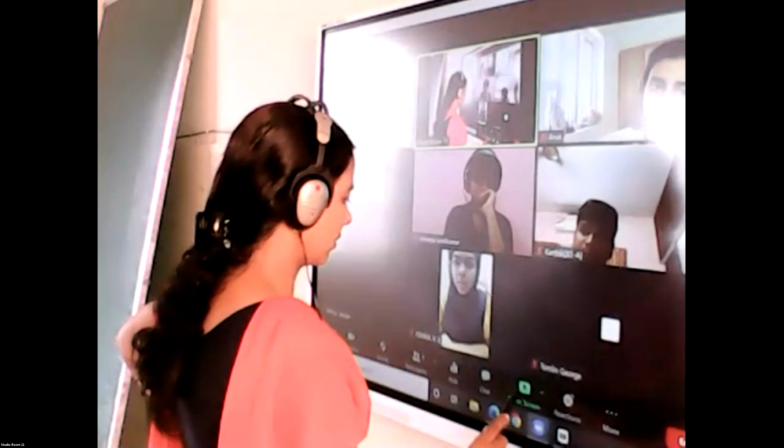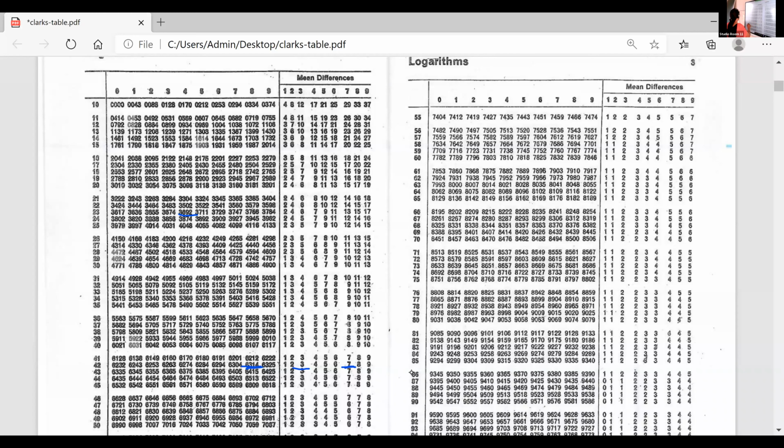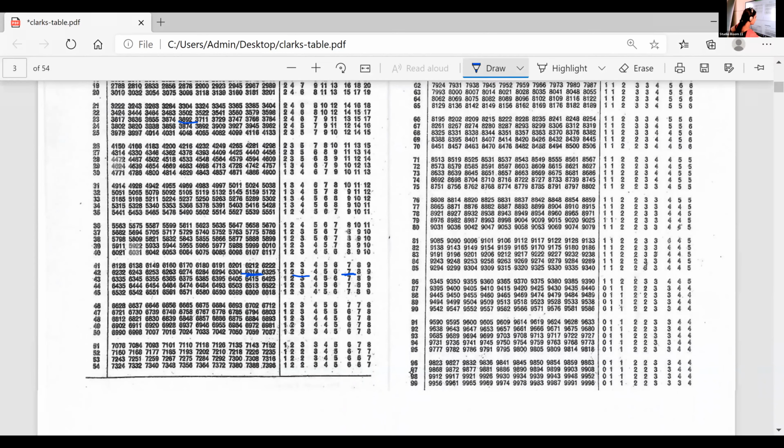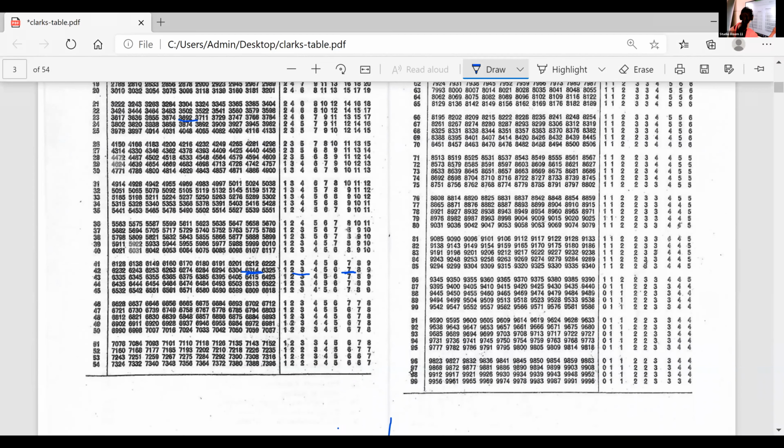You take the antilog table. And this is the log table, children. We have to take the antilog table, isn't it? When you take log and antilog, check properly whether we are using the log or antilog table.